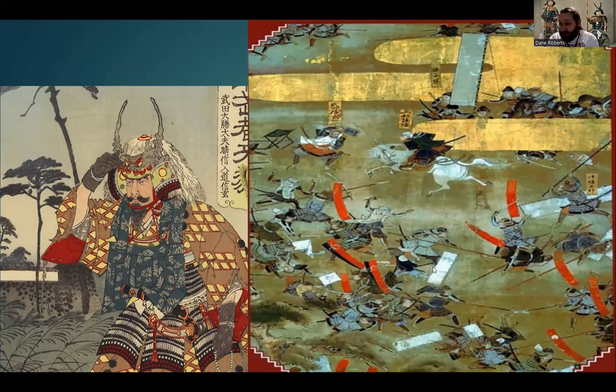What I did not mention is one of the key details because I wanted to save that for this section. So when Uesugi Kenshin penetrated into the battlements and battle lines of Takeda Shingen, he actually made it. Here's him right here. He actually made it to where Takeda Shingen was sitting, leading the army, and attacked him.